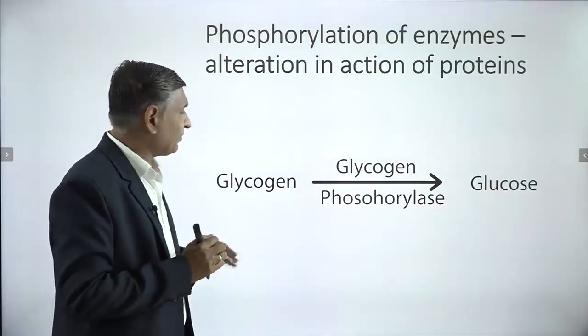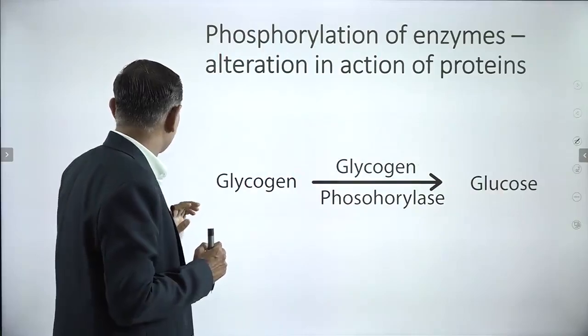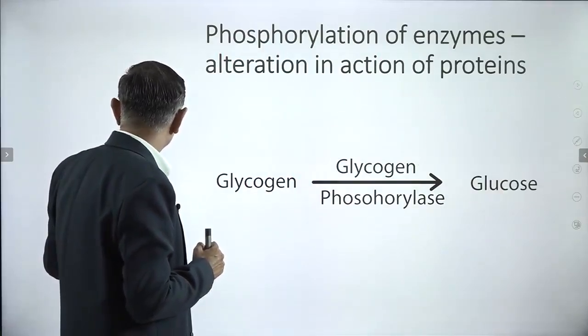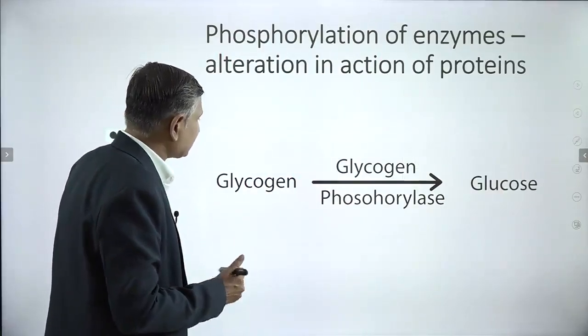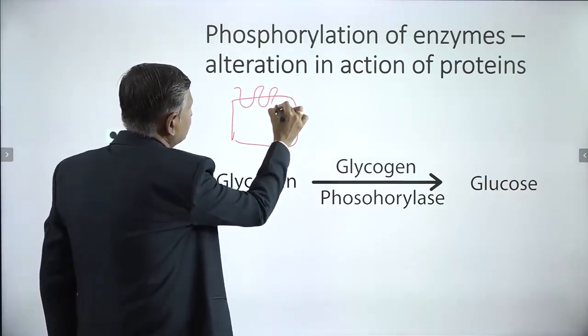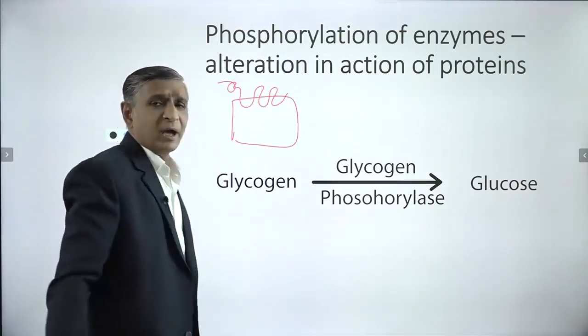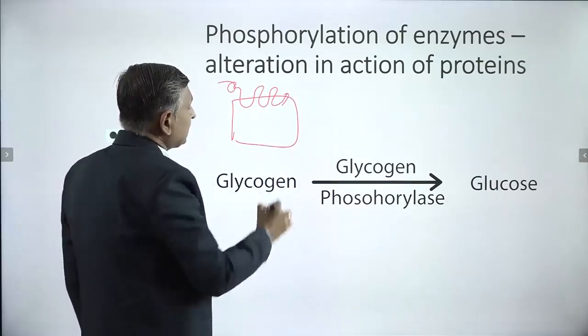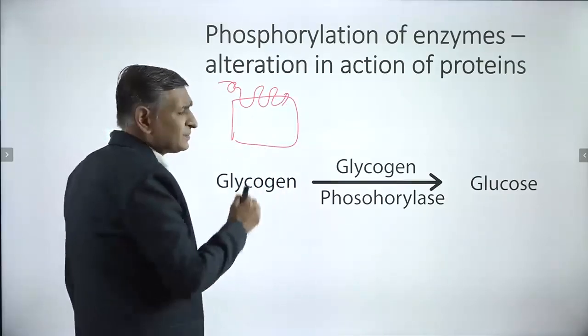Now, I am taking the example of a cell which is there inside the liver, and that is what we call a hepatocyte. Suppose there is a hepatocyte and adrenaline is going to stimulate this hepatocyte. The same thing happens.